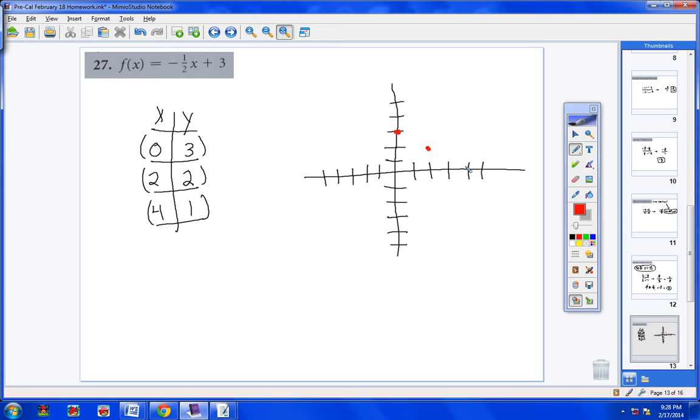And my next ordered pair would be (4, 1), and that would be right here. Okay, so there is the line that I'm going to graph. And I would draw the line like this. I'm just going to kind of sketch it here. I'm not going to try to draw it perfectly, but there we go.